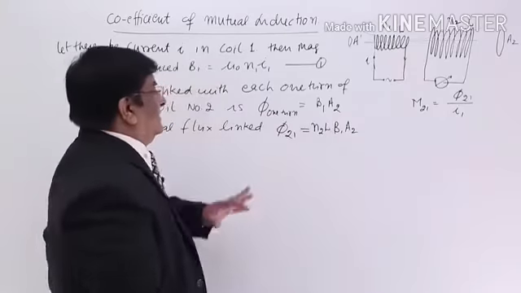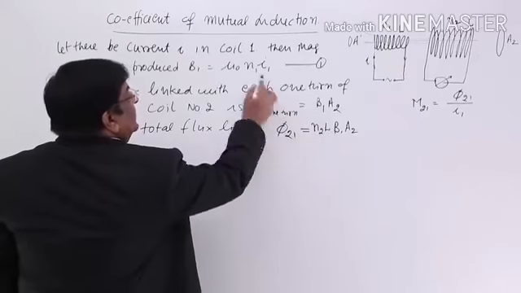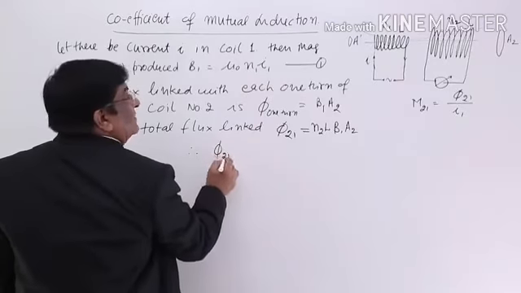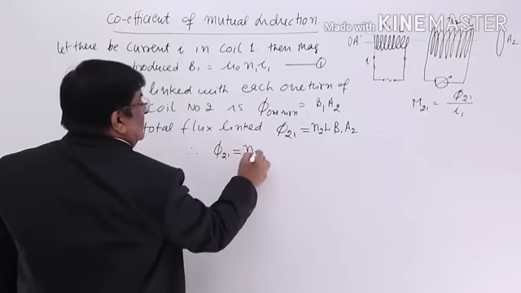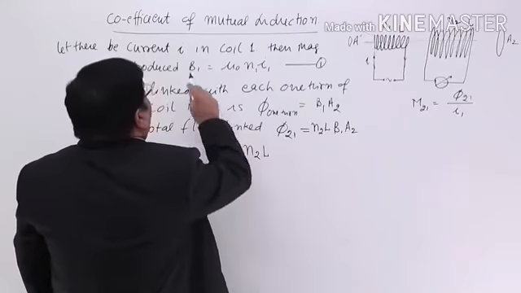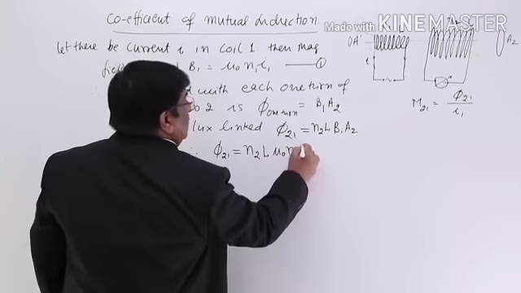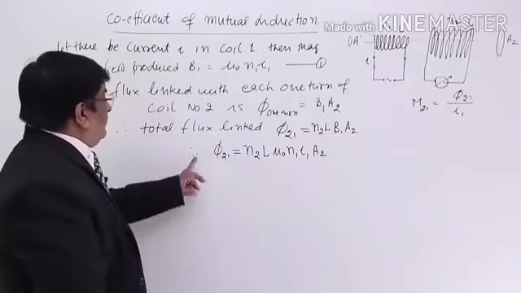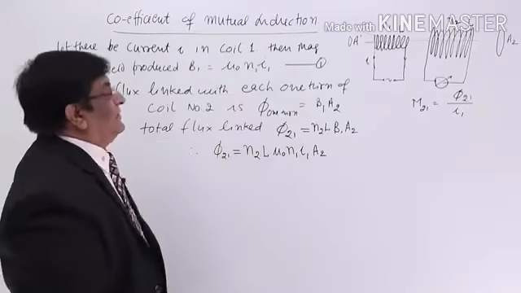Now I can put the value of B from here. Therefore, phi linked with coil number 2 due to current in coil number 1 is equal to N2 L B1 A2, and B1 is mu naught N1 I1. This is the flux linked with coil number 2.